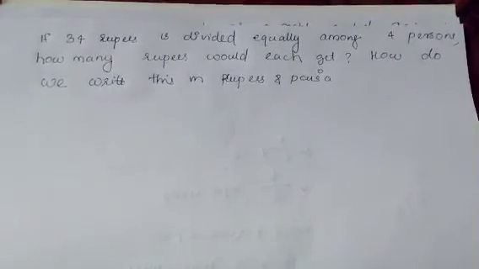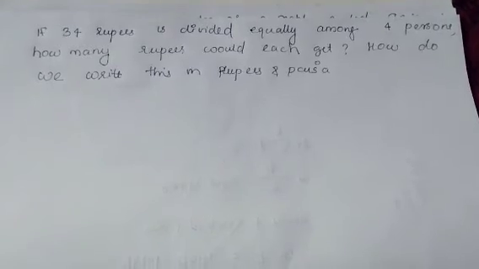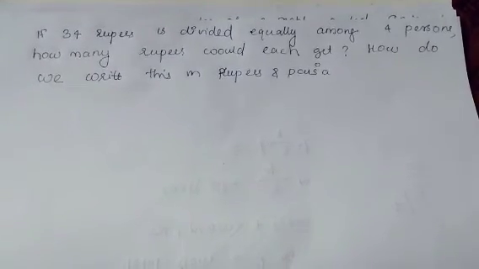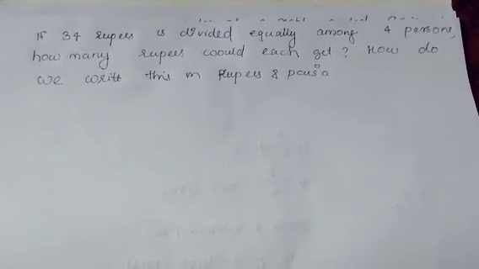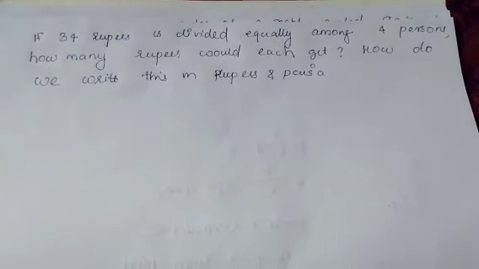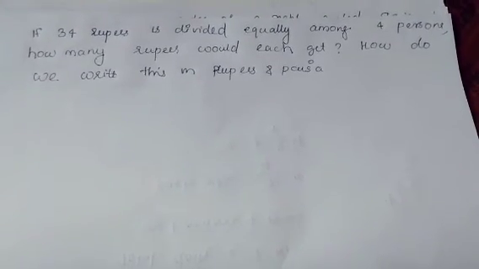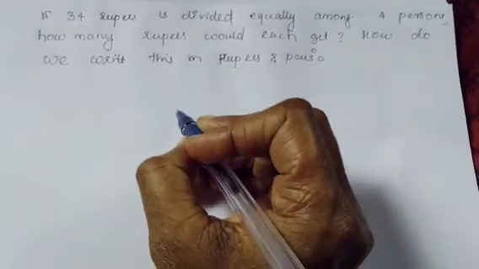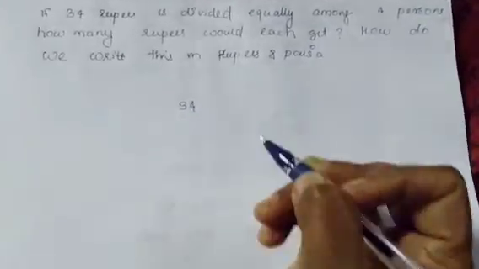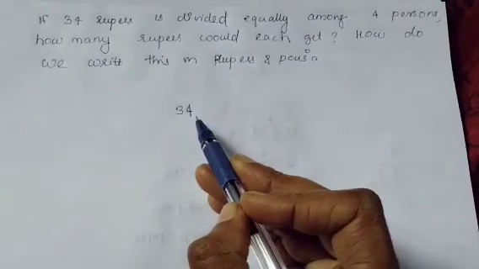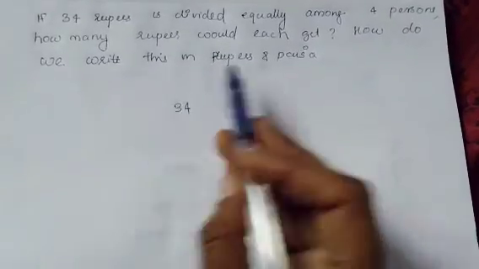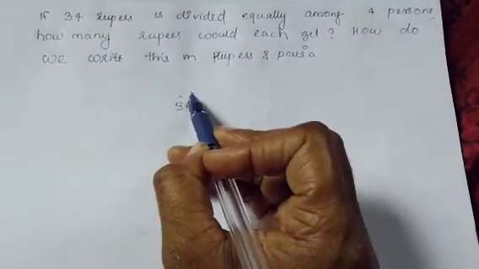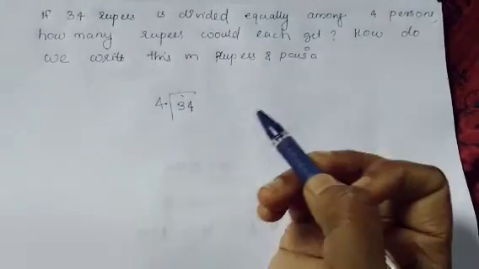This is my second question. If 34 rupees is divided equally among 4 persons, how many rupees would each get? How do we write in rupees and paise? There are 34 rupees in all and there are 4 persons. Divide by 4.